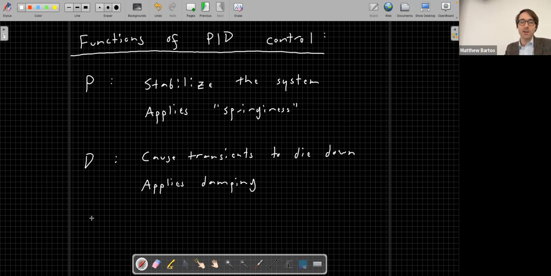And finally, why did we apply the integral term? To reduce what type of error? Steady state error. Okay, so the I term reduces steady state error.